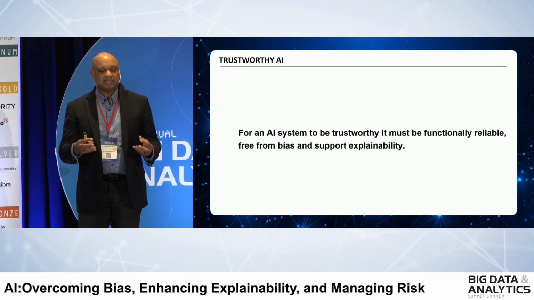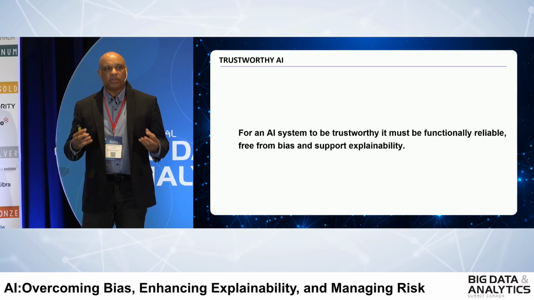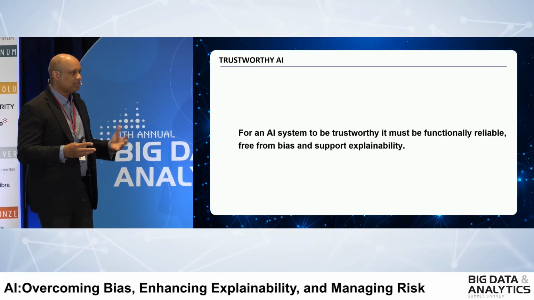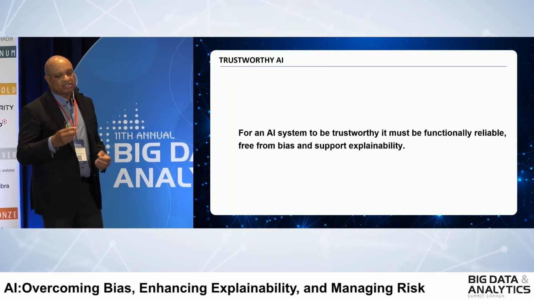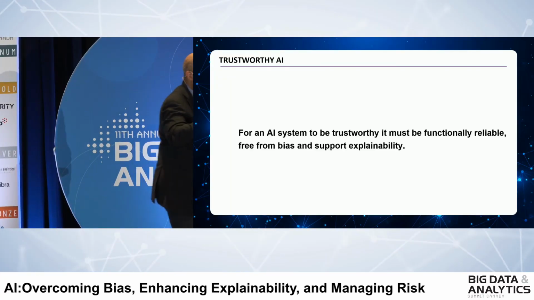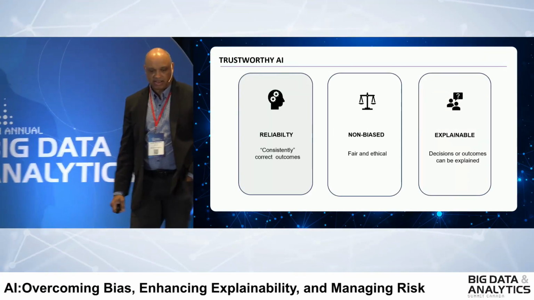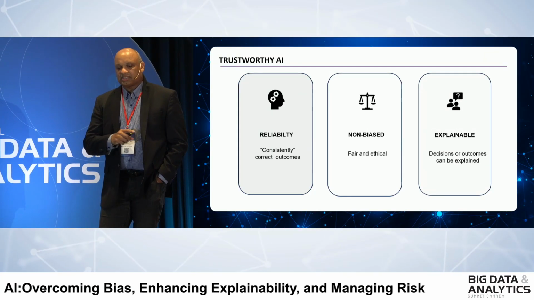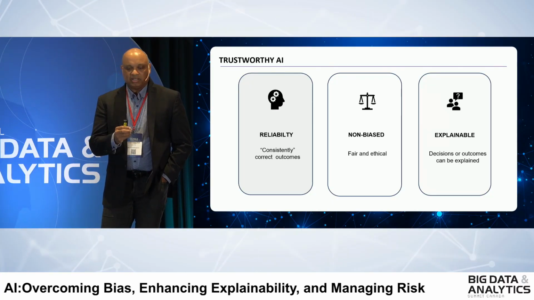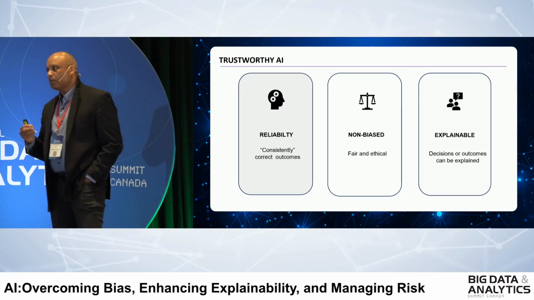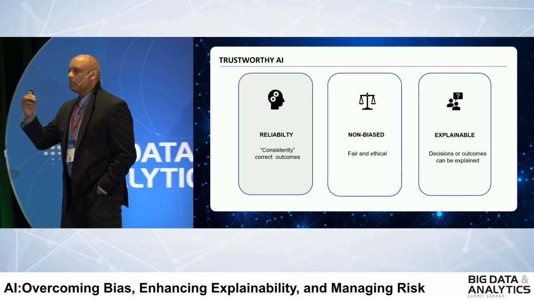These are the three things that we need to agree on, that it has to be reliable, it has to be free from bias, or at least minimum bias, and support that transparency. In other words, not have that black box characteristic. So we can sum these up in three words, right? Reliability, non-bias, and explainable.